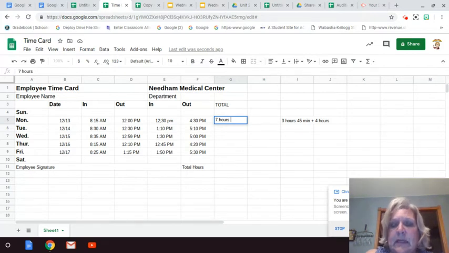I can cut my clock into 15-minute quarters. So 15 minutes would be 1/4, 30 minutes would be 1/2, and 45 minutes is 3/4 of an hour. So I can change this and make it 7 and 3/4 hours. Probably that's how you want to do it in fraction form.